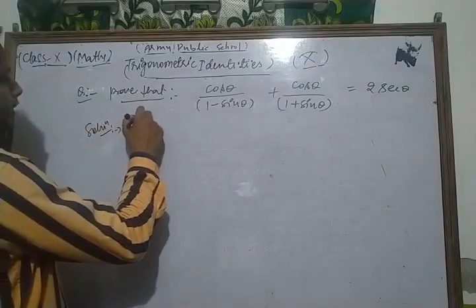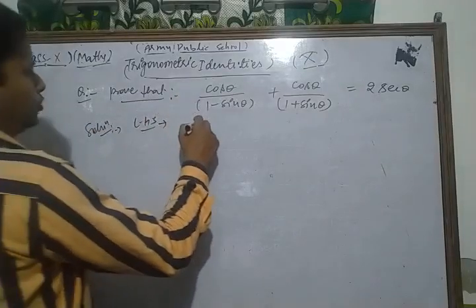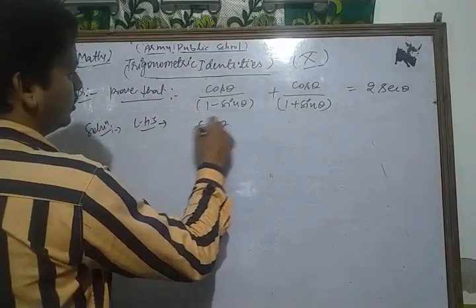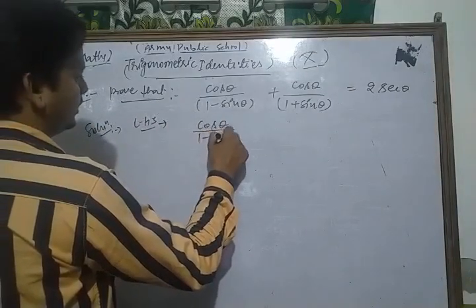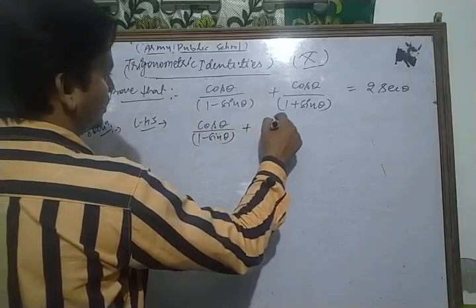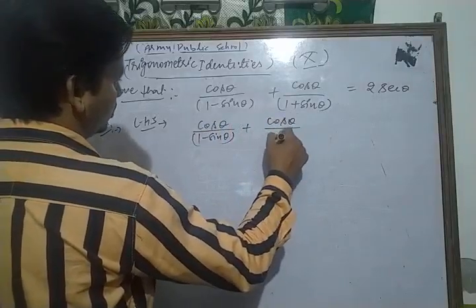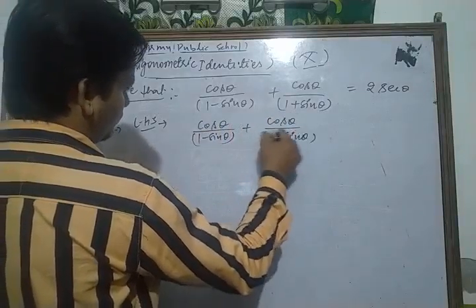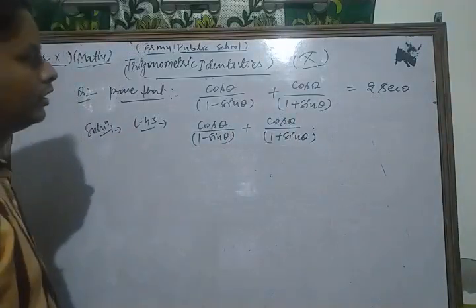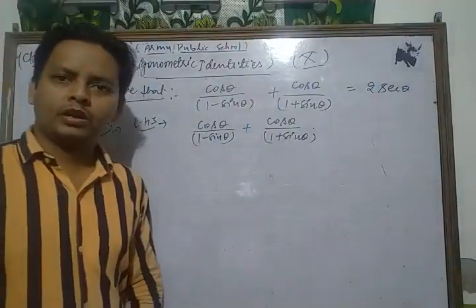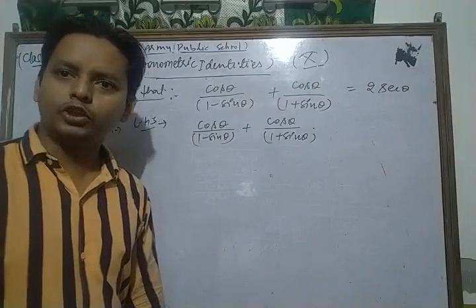So we take the left hand side, so we have cos theta upon 1 minus sin theta plus cos theta upon 1 plus sin theta. First of all, we take cos theta as common from the numerator.